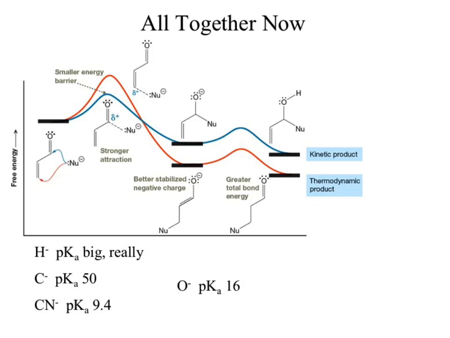The important part is to recognize your comparison between the strength of your nucleophile versus the intermediate, which is a negative oxygen. That is your differential. If those two are equivalent in strength, which product do we get? Thermodynamic.